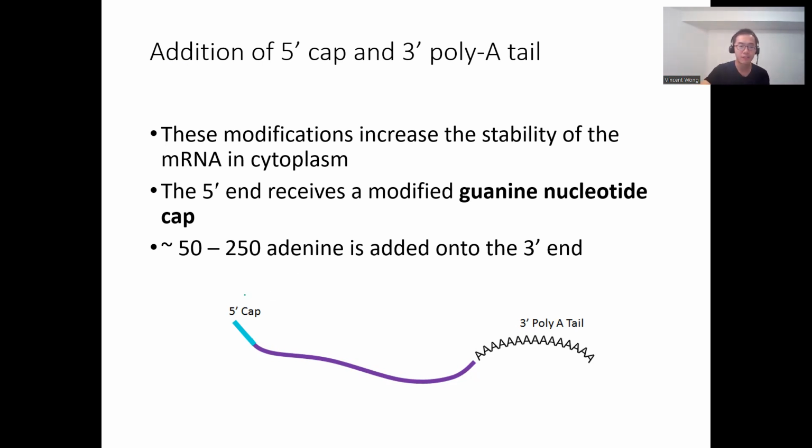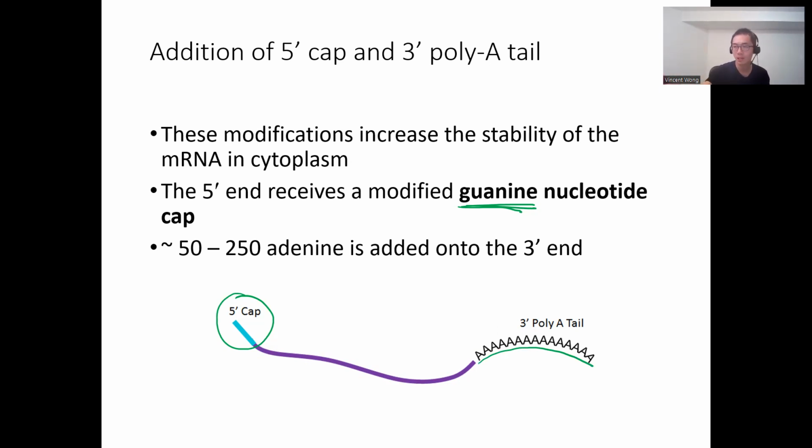At the 5' end, you're gonna add a cap, like a cap to a bottle, and that's made of a guanine nucleotide. ACTG, the G, the guanine. You're gonna put that on the 5' end. And then on the 3' end, you're gonna add a bunch of adenines. We call this the poly A tail. The more A's you add, the more stable it is going to be in the cytoplasm.